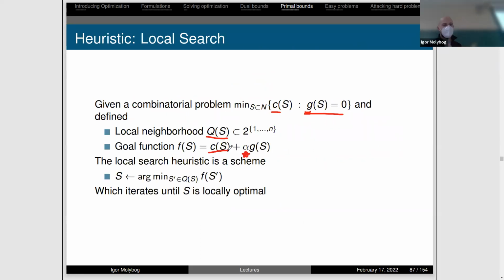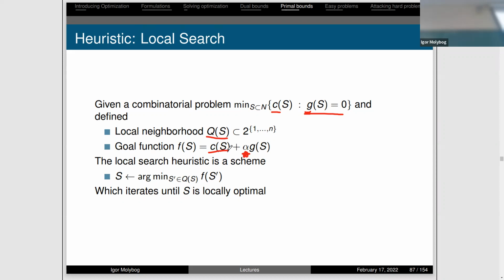The heuristic of local search. The local search heuristic is a scheme where we take a set and find a minimizer of the goal function F over the local neighborhood defined by the set S. In this example, we start with the set S0 and look among these 9 candidates for the best one.